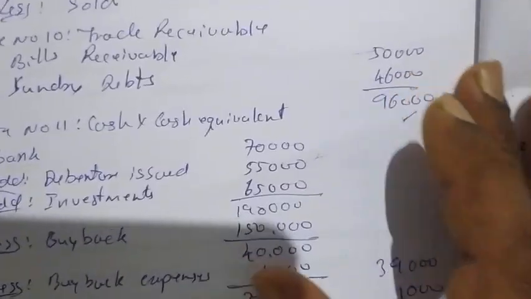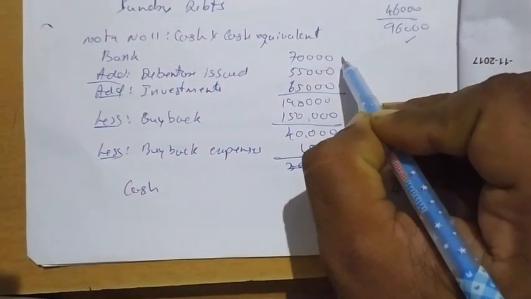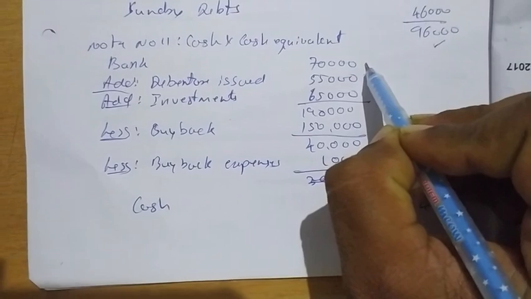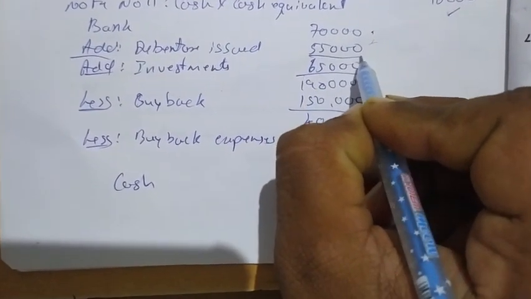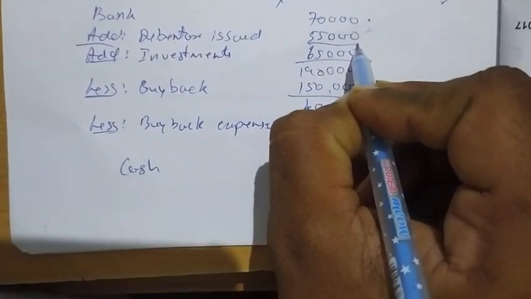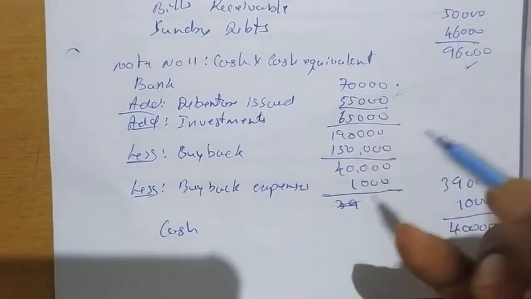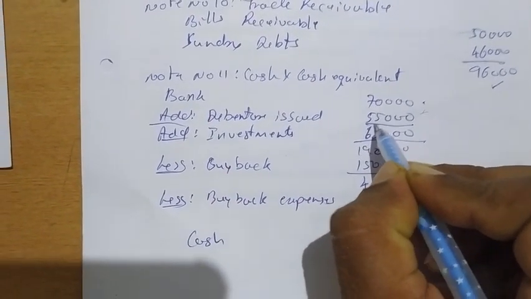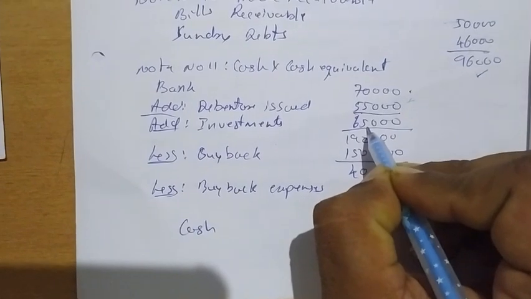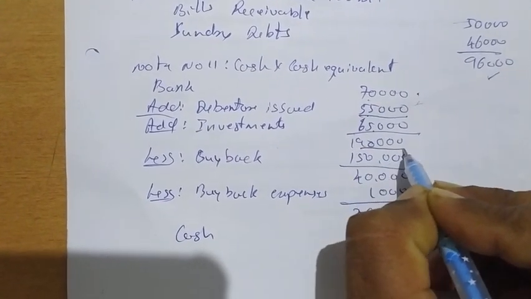The bank balance was 70,000, and when we issued new debentures with premium, we received 55,000, and again we sold investment worth 80,000 for 65,000, so we received 65,000 in the bank. So 55,000 plus 65,000, 1,20,000, plus 70,000, total 1,90,000.